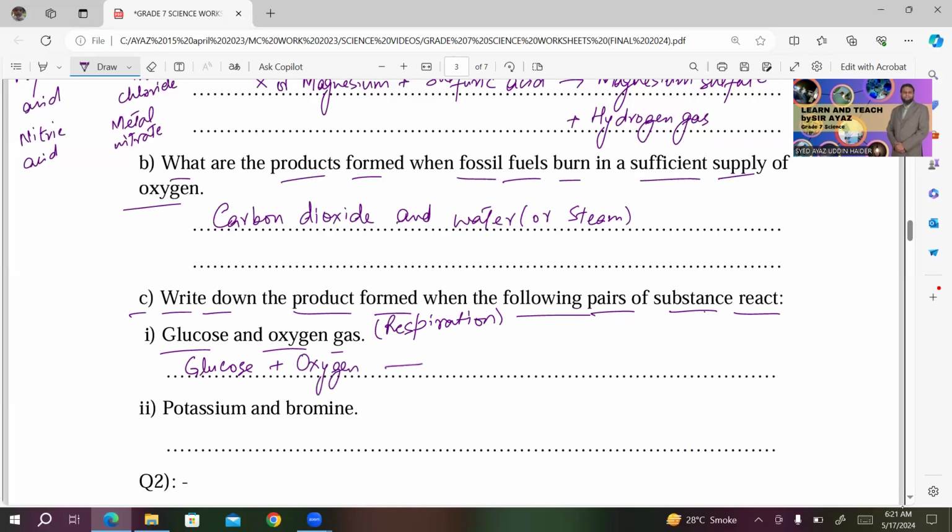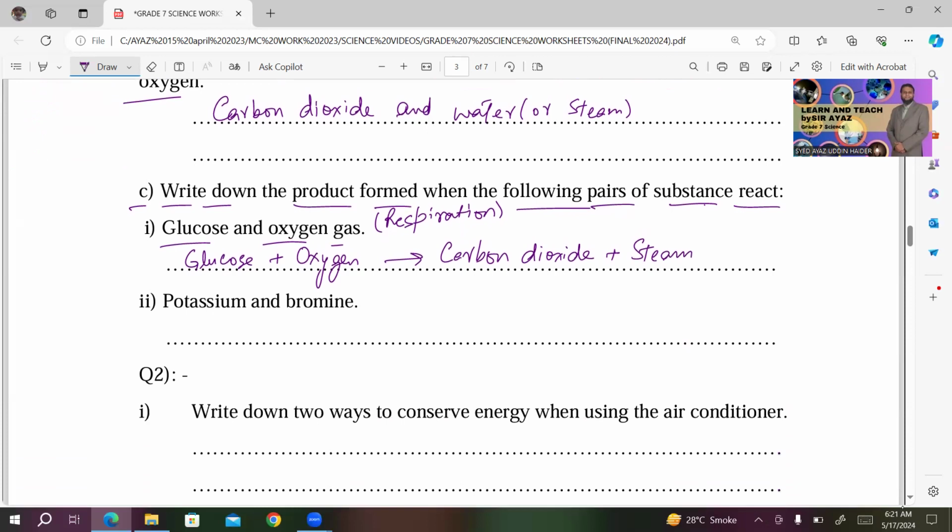We will always get two products, that is carbon dioxide along with steam or water. Some energy is also given out, but they have not talked about all the substances produced. They are just asking about the products produced.